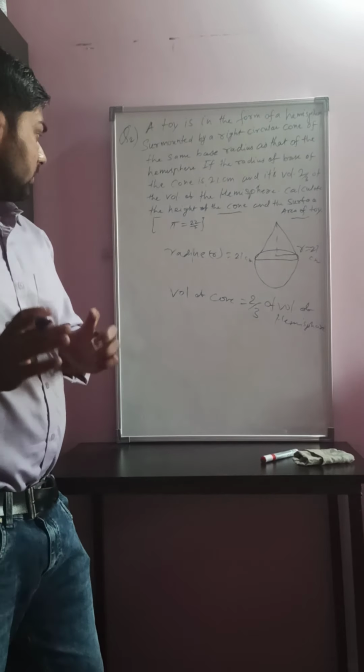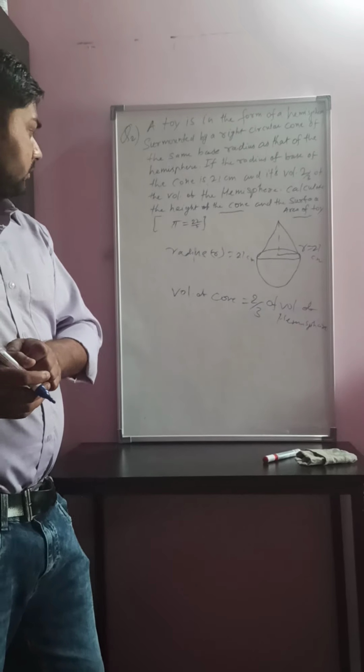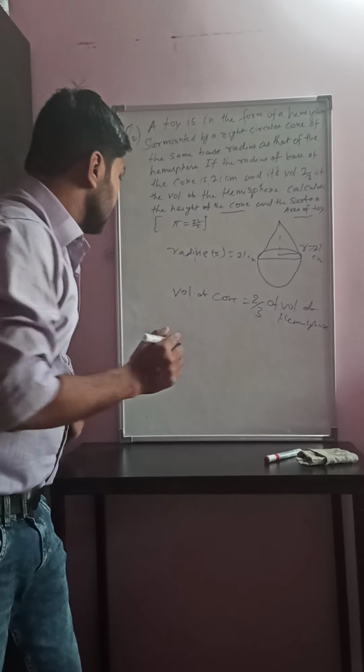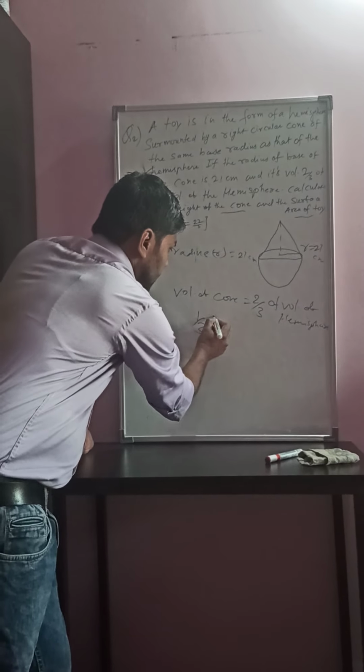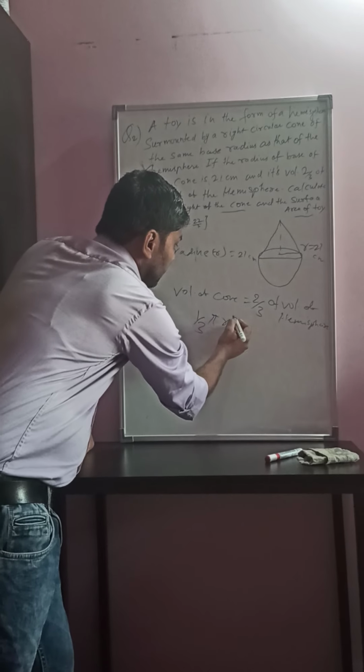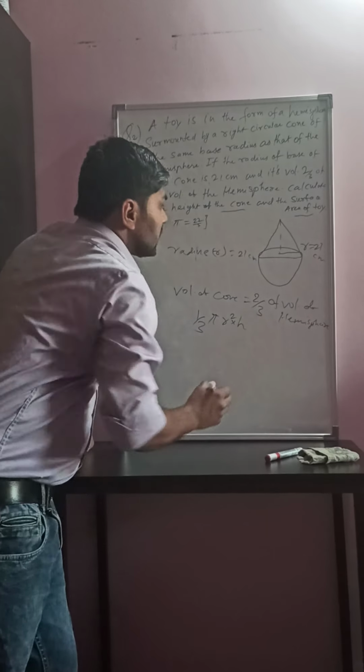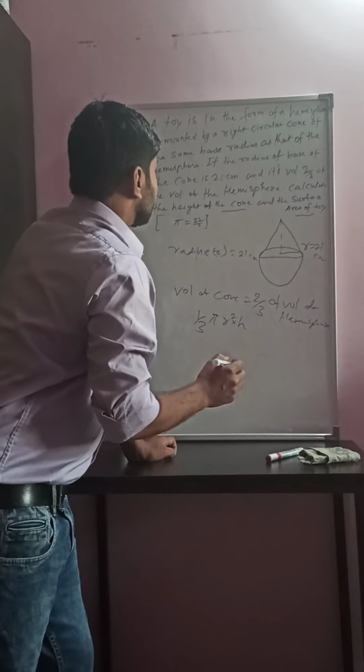Now we know the volume of a cone is 1/3 pi r squared into h. But we don't know the height.